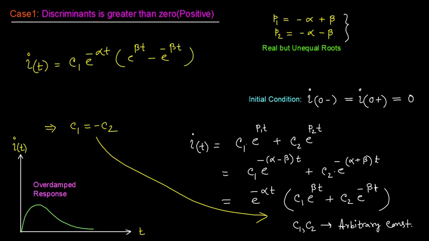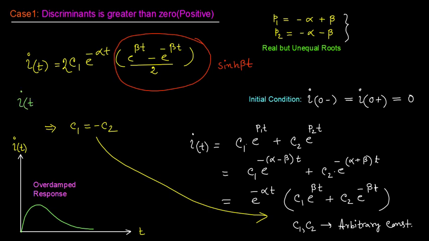If we introduce a term 2 here, it should be adjusted by another 2 in the denominator. Now, this term is a hyperbolic function given by sinh beta t. So, the final solution of current can be written i(t) equal to 2 C1 e to the power minus alpha t times sinh beta t. This is the solution.